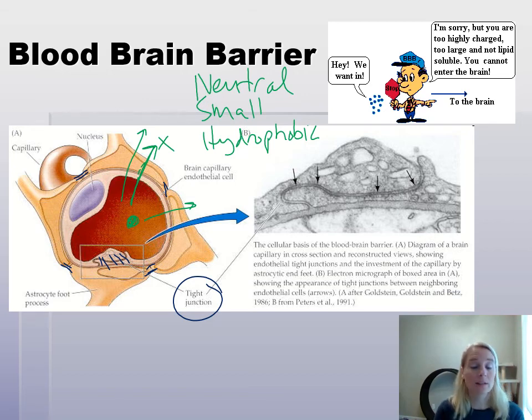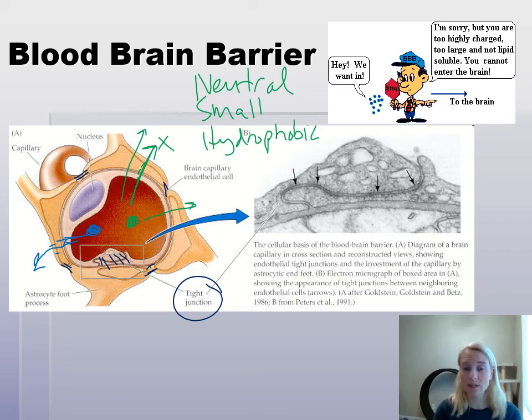So maybe things like glucose, because glucose is charged, it's pretty big, and it's hydrophilic. If you're glucose, my little blue circle here, you would have to have channels in all of those membranes to be transported, probably by facilitated diffusion, through those membrane channels to be able to get into the brain. And so all of those endothelial cells and astrocyte projections have specific facilitated diffusion channels that will allow the things that need to come into the brain to do so, and let everything else just stay in the blood supply and not get into the brain.